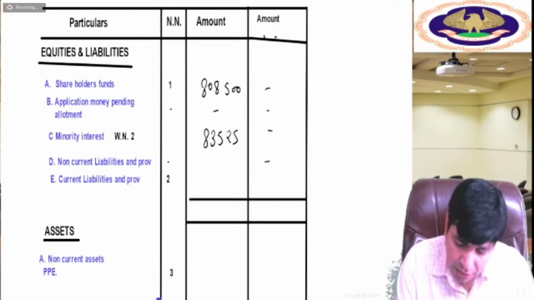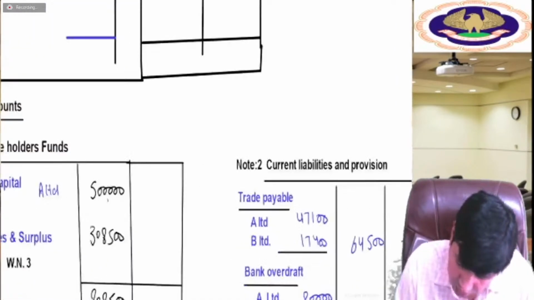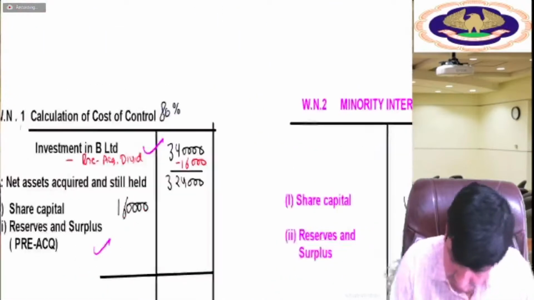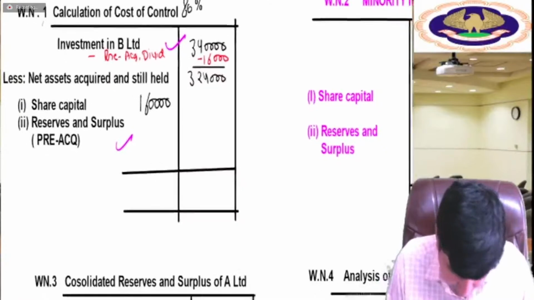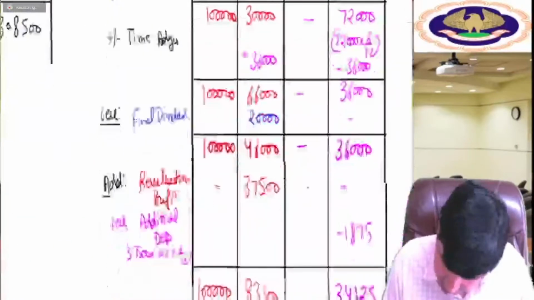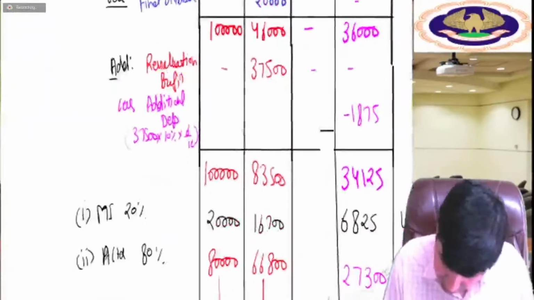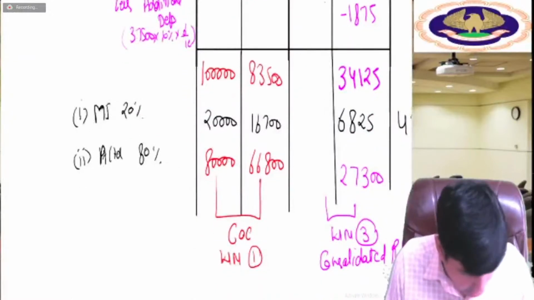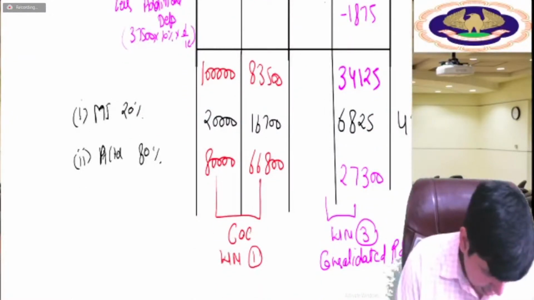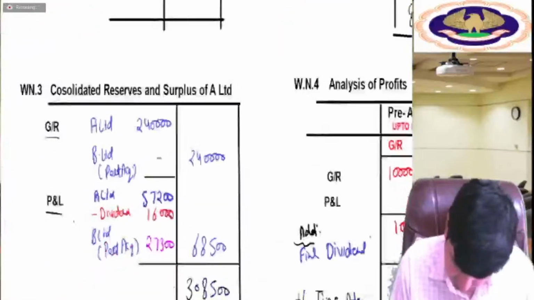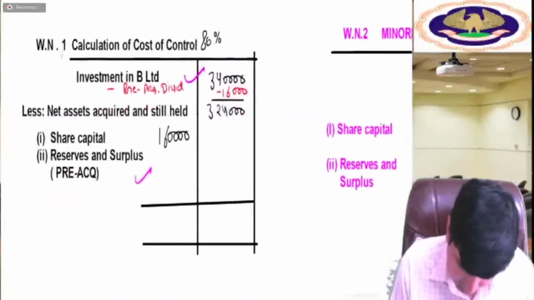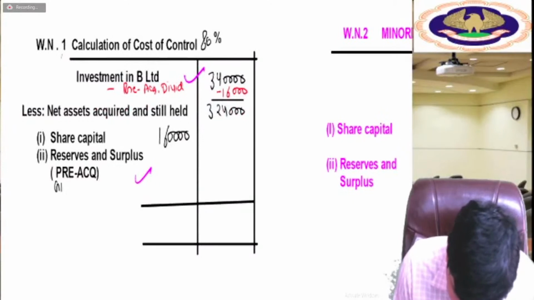Okay. Now coming back to the rest of the figures in working note number 1 only, where we have to post the pre-acquisition reserve and surplus figures, that is general reserve and P&L. Okay, beta, 80,000 and 66,800. In the pre-acquisition, there is general reserve and profit and loss.